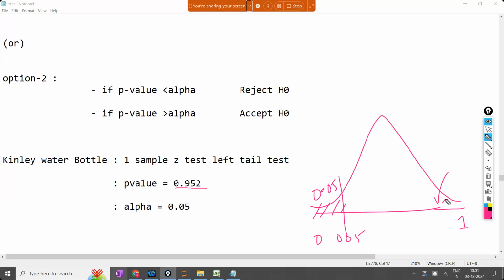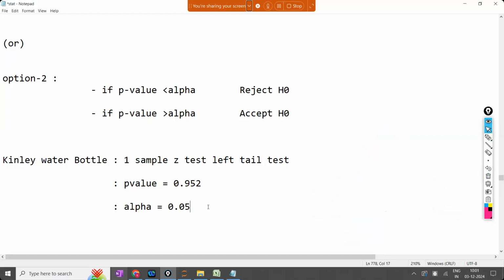So I am accepting the null hypothesis based on option 1. Based on option 2 also, since the p-value is greater than alpha, I am accepting the null hypothesis. There is no difference; option 1 and option 2 give the same answer.